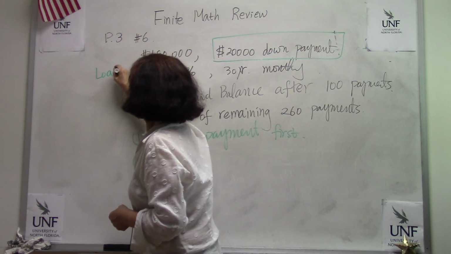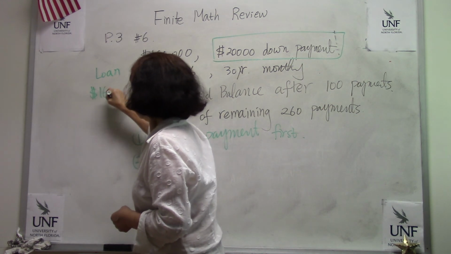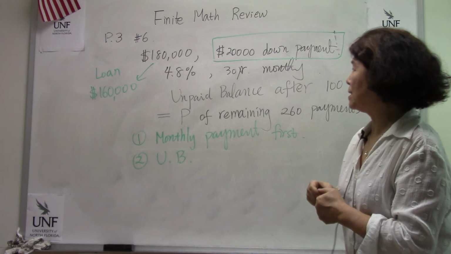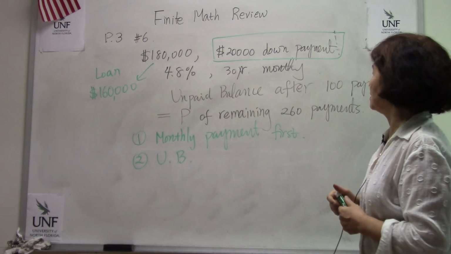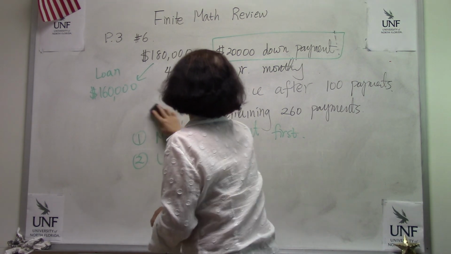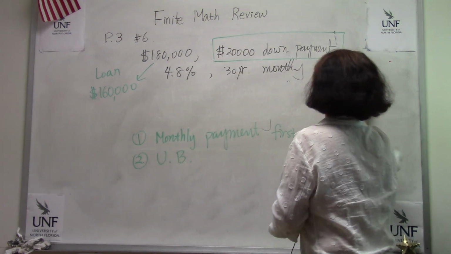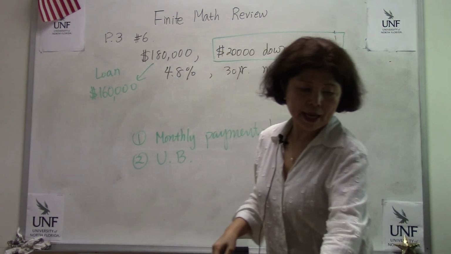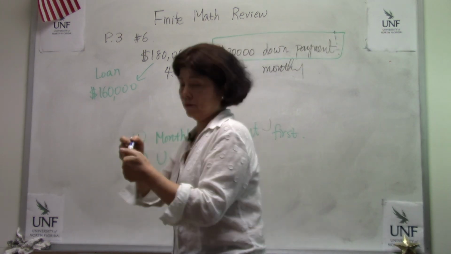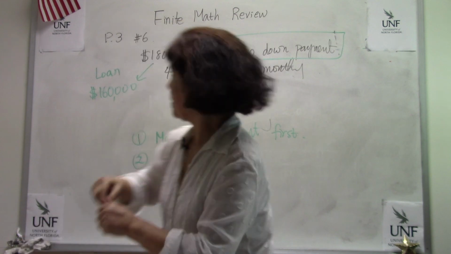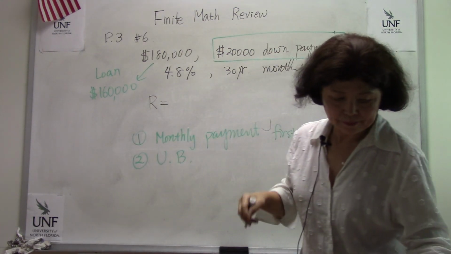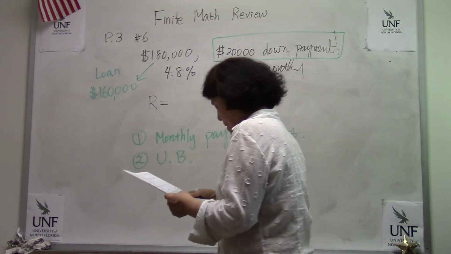The loan is just $160,000. Okay, the loan amount is $160,000. So let's compute the monthly payment first. The monthly payment is the rent, R.